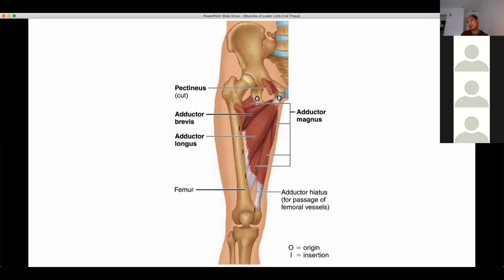Adductor longus, adductor magnus, and adductor brevis. And here you can see the adductor magnus muscle, which is splitting into two sheets. It is attaching to the femur, and to the medial aspect of the femoral condyle. By doing so, they make a little hole here. That is what we call the adductor hiatus.